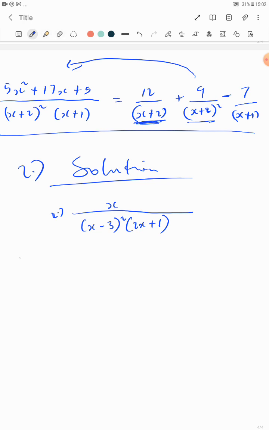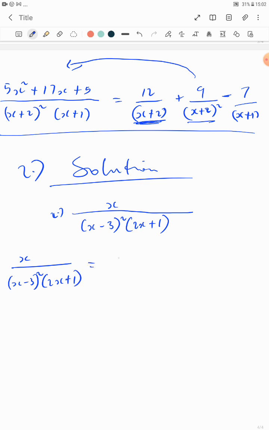So we write x over (x minus 3) raised to power 2. So this is also a repeated factor, a denominator with a repeated factor.